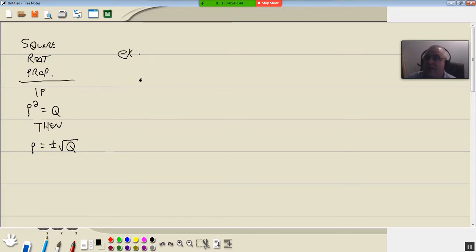Let's say I had x squared is equal to 25. Now notice the entire left side is squared, so that fits the form. And our square root property says you drop the squared and you put a plus or minus square root around the other side.